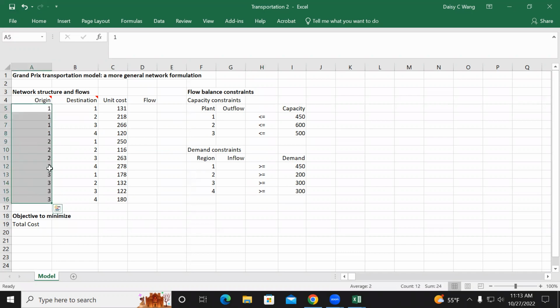In this case, I'm going to put the range names. So this one is the plants, right? The factories. So I'm just going to do plants. And then this will be the regions.